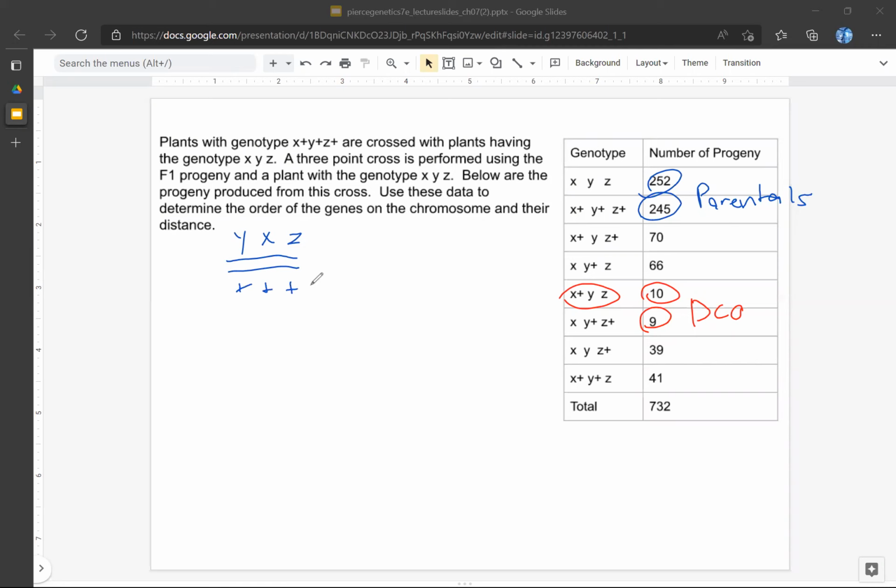And so we can investigate our single crossover 1, which happens between the X and the Y, or rather between the Y and the X. This is our single crossover 1.